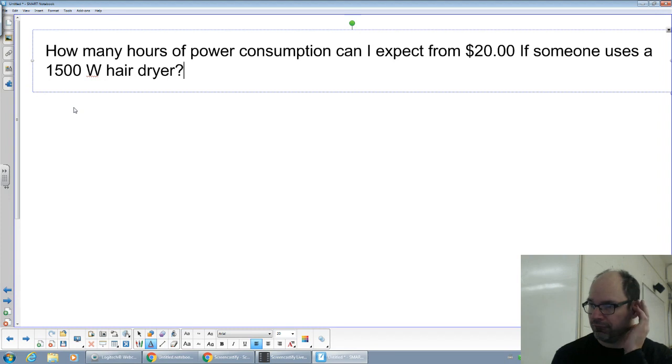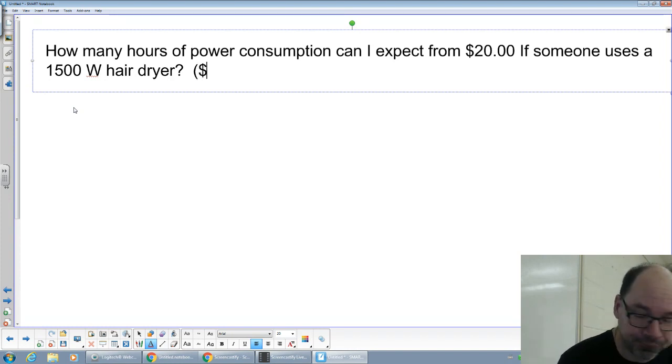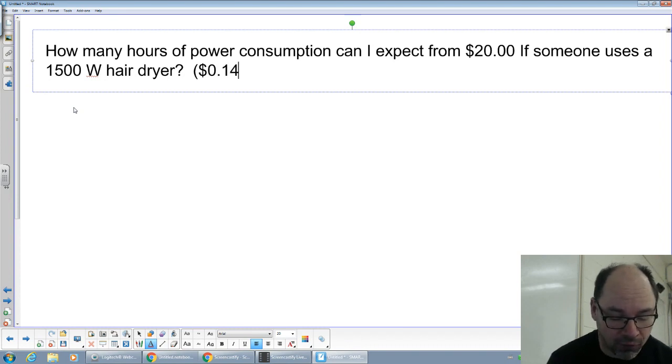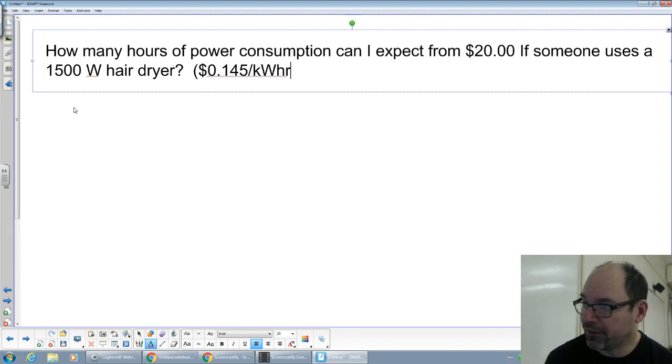So in this case, we're working backwards. We're still going to have the cost of electricity being $0.145 per kilowatt hour. Okay.